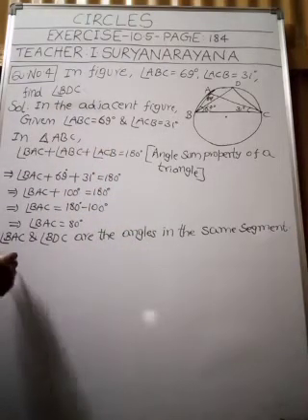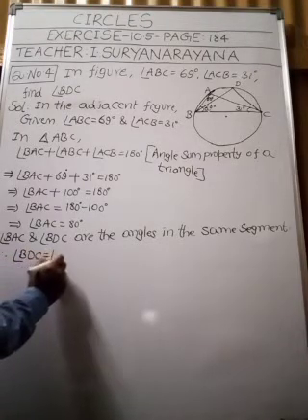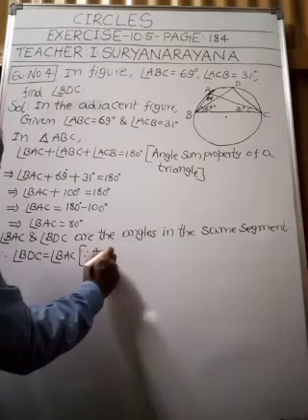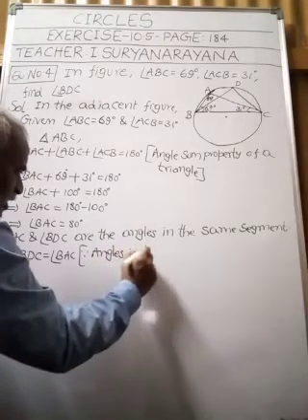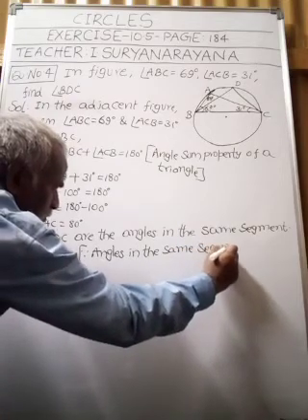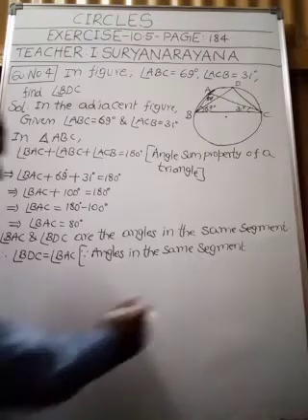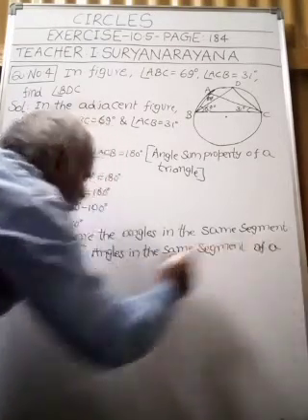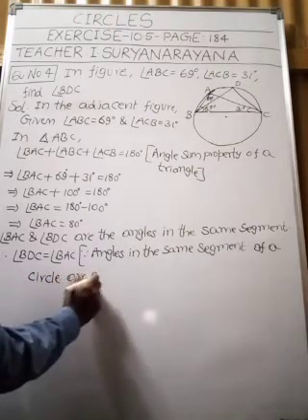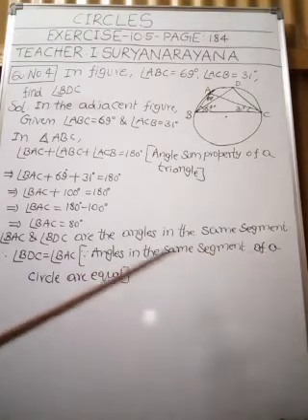Therefore, we know that angle BDC is equal to angle BAC, because angles in the same segment of a circle are equal. Angles in the same segment of a circle are equal.